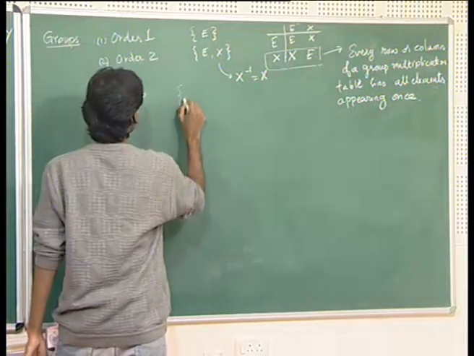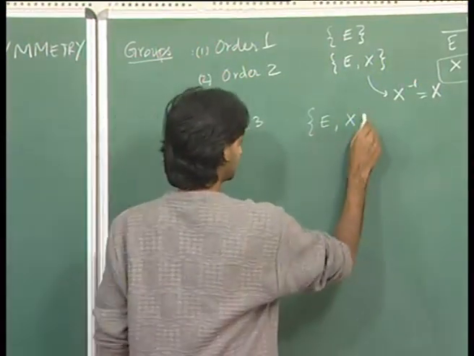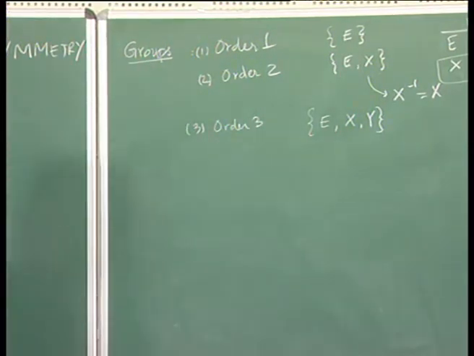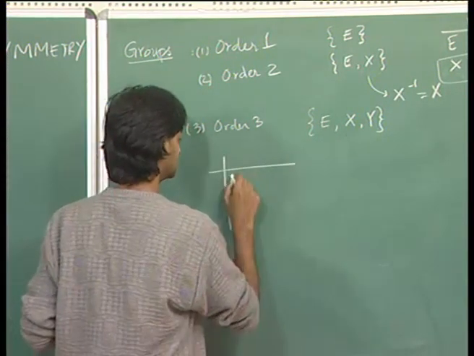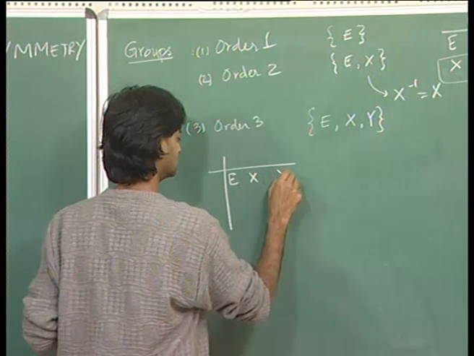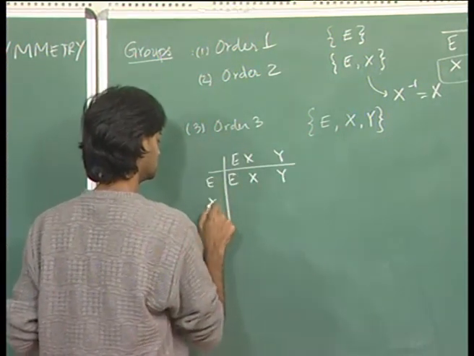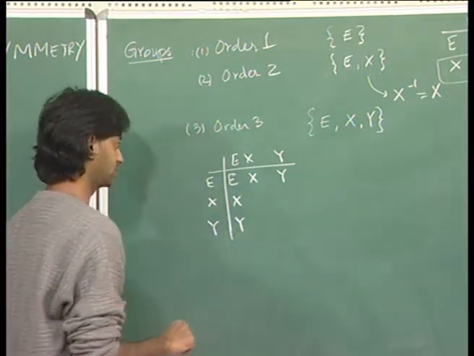So, I call the elements E, X and Y. Then the multiplication table looks like this.